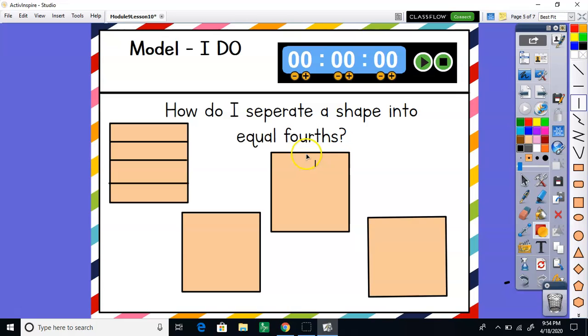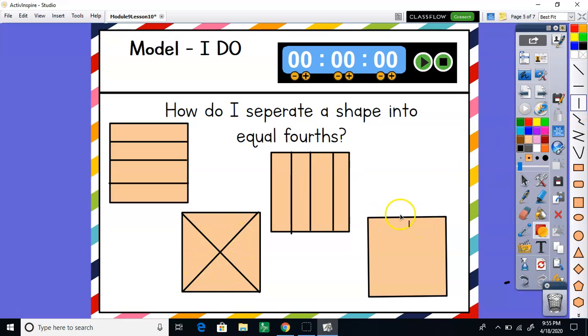You can also go down the center, and then divide your halves in half, and then you'll have 4 equal parts this way. What's fun about a square is you can actually go from corner to corner and make an X in the center, and you would still get 4 equal parts.